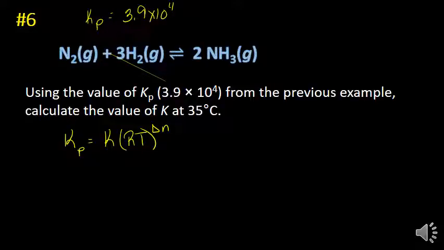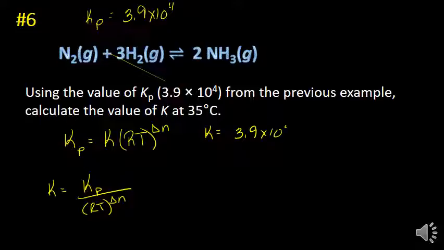There we go. So I'm going to rearrange this because I prefer to do that. So K then is going to equal Kp divided by RT raised to the delta N. So K is going to equal 3.9 times 10 to the 4th divided by 0.08206 times, let's see, 35 plus 273, somebody.